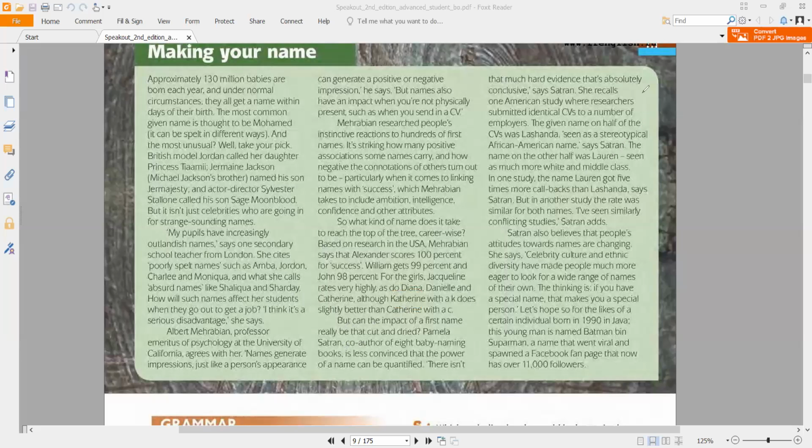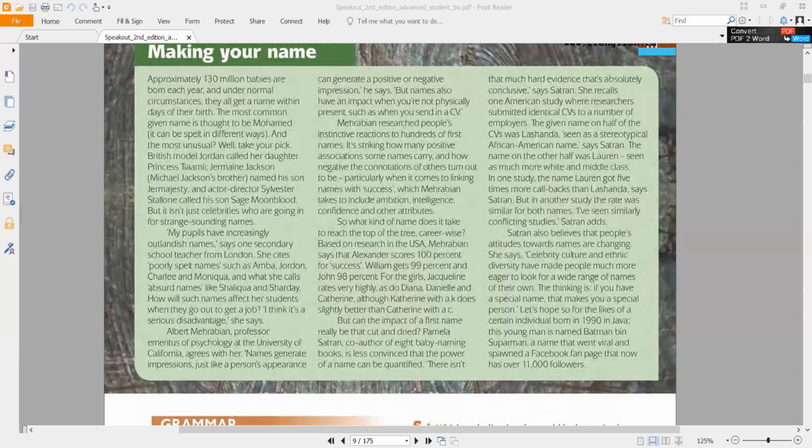But can the impact of a first name really be that cut and dried? Pamela Saturn, co-author of 8 baby naming books, is less convinced that the power of a name can be quantified.